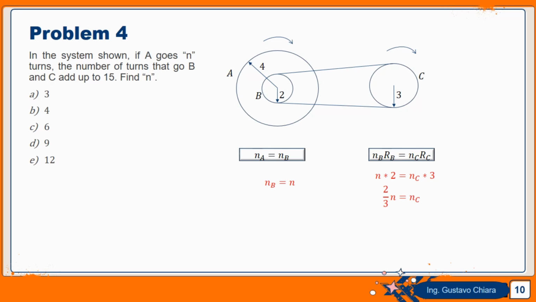So reducing the expression, we get that the number of turns of C is equal to 2 divided by 3, or 2/3 n. The problem said that the number of turns of B and C add up to 15. So replace the values, we get this, and reducing the expression, we get that the value of n is 9. So the answer of this problem is the letter D.